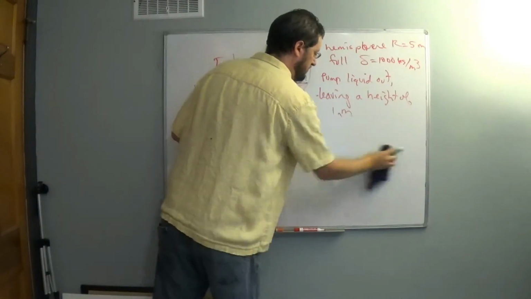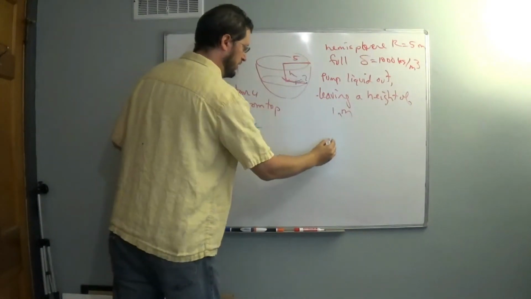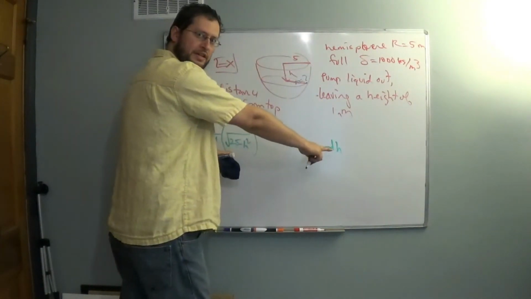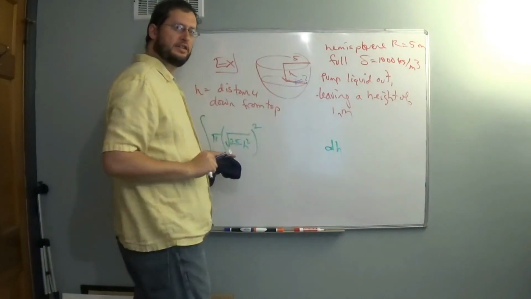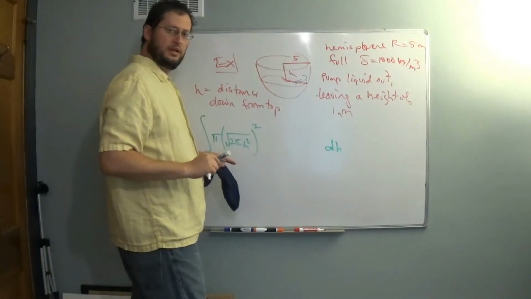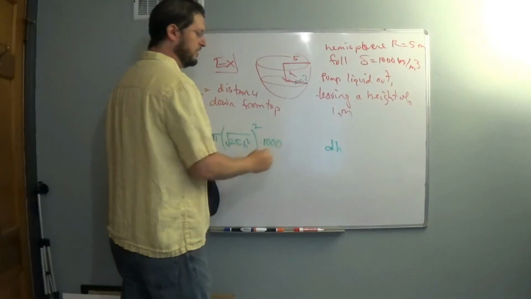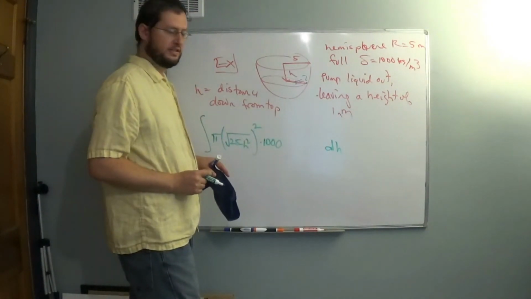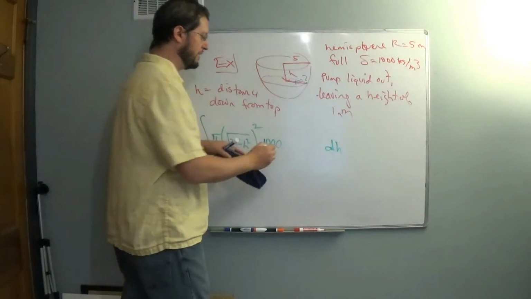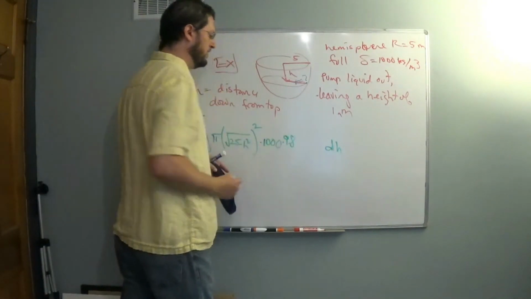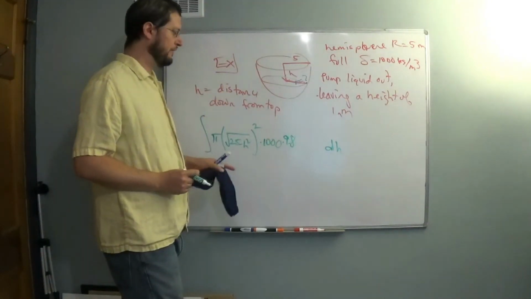And that will make volume. So these two things, area times thickening factor, make volume. Volume times density makes mass. So mass times acceleration makes force.